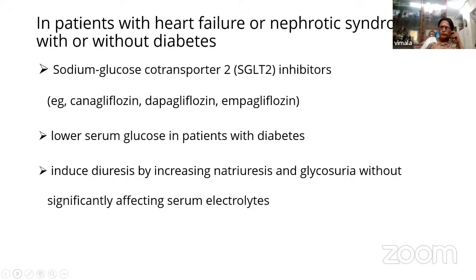Along with osmotic diuresis, they also cause loss of sodium and water, so they can also reduce edema. It is currently emerging as a first line treatment for diabetes mellitus, non-diabetic kidney disease, and non-diabetic heart disease as a preventive treatment.